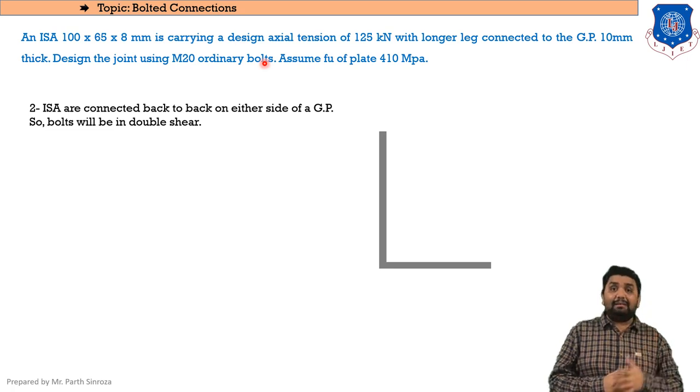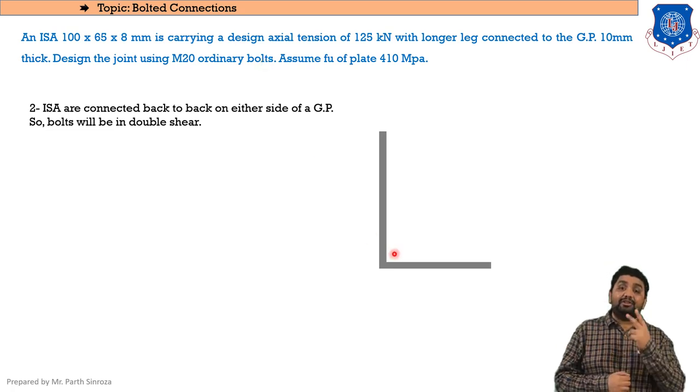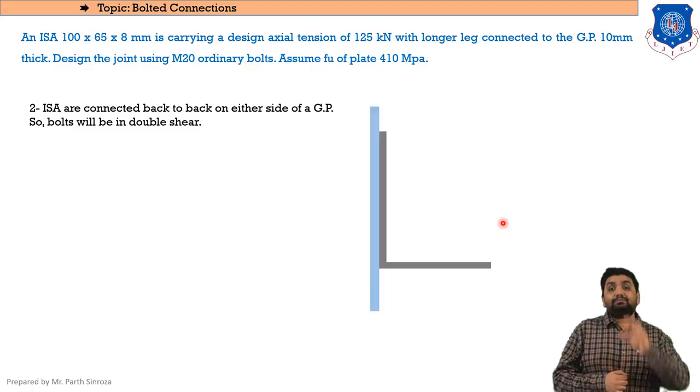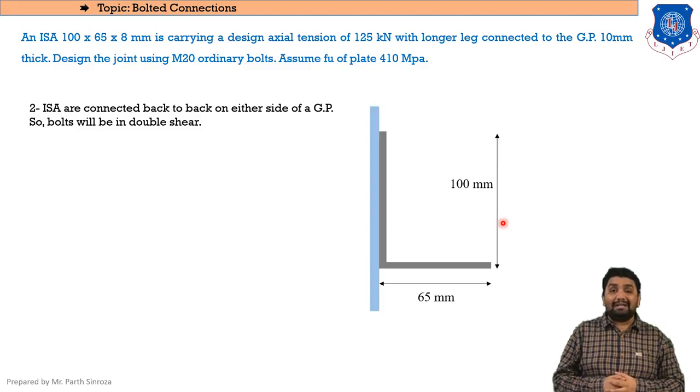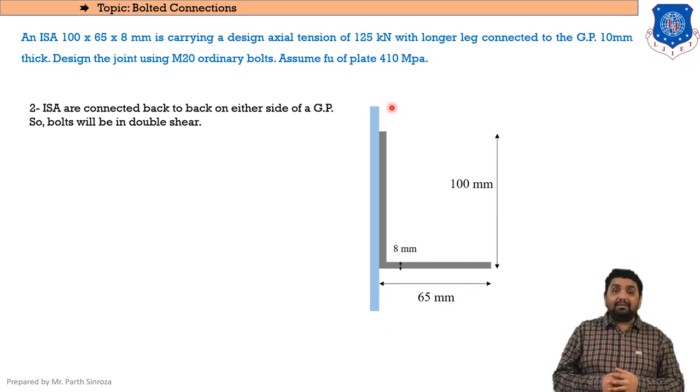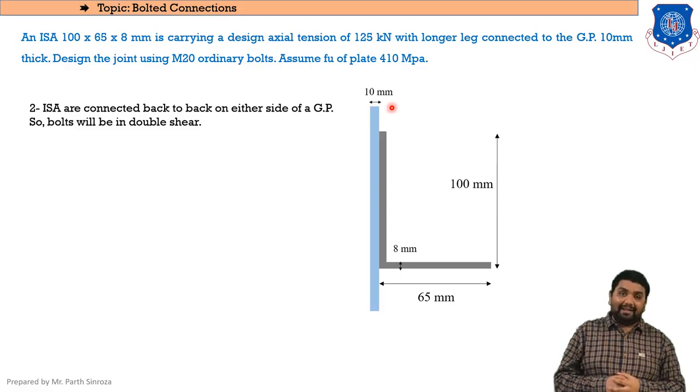In the previous example the question gave 2 ISA, and here it is given as only one ISA. The longer leg is 100 mm and the shorter leg is 65 mm. It is connected to a GP; the thickness of our main plate is 8 mm and the thickness of our gusset plate is 10 mm. So this is the figure that we will be dealing with.